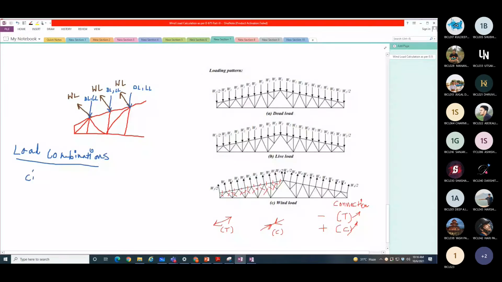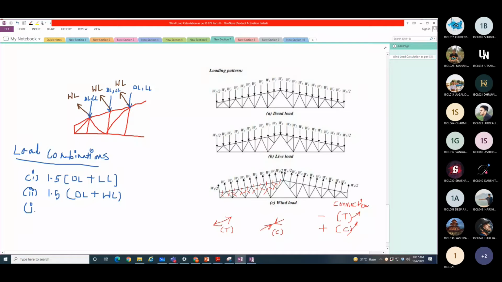Yes, ma'am. Right. So the very first combination we will do over here is 1.5 dead load plus live load. Then the second combination will be 1.5 dead load plus wind load.